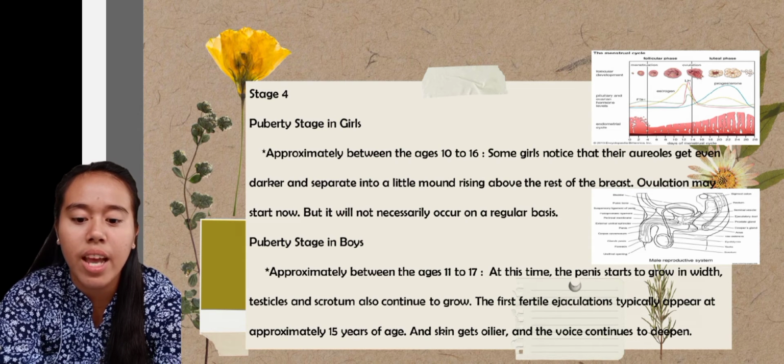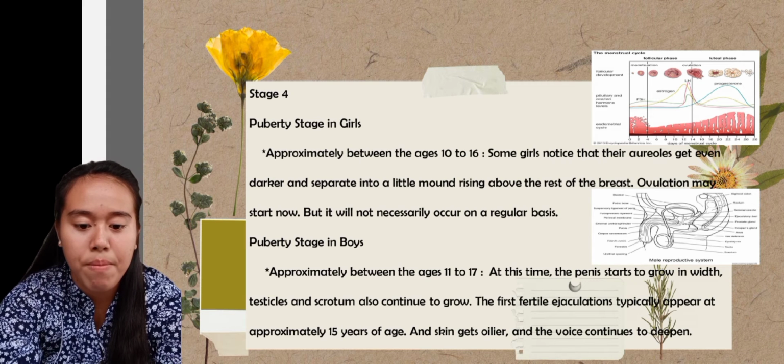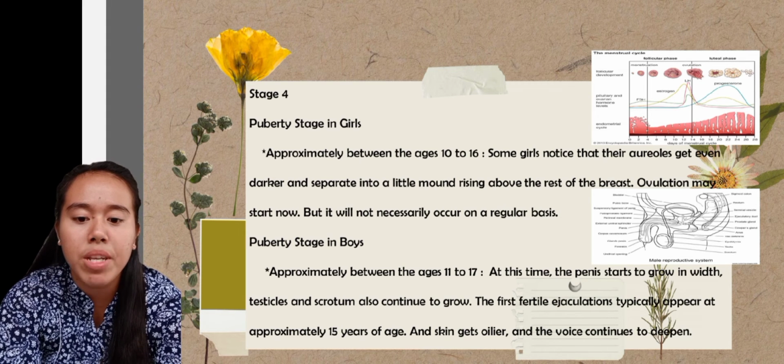If it did not happen in stage 3, menarche, or first menstruation, should start now. Ovulation may start now too, but it will not necessarily occur on a regular basis, or it may be possible to have regular periods even if ovulation does not occur every month.